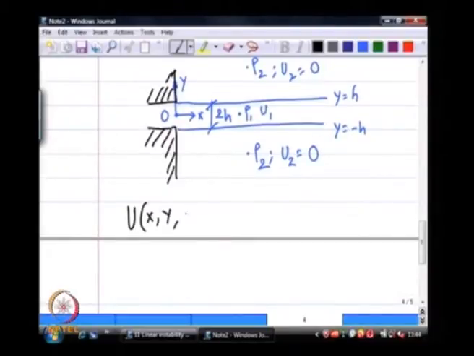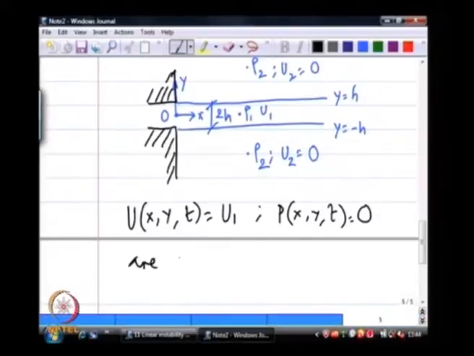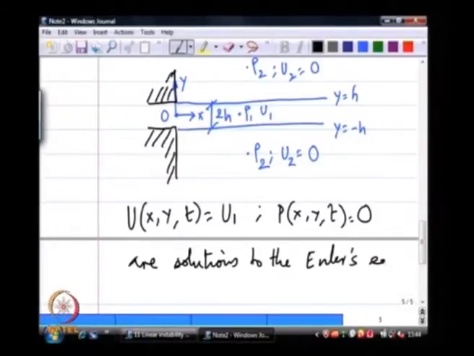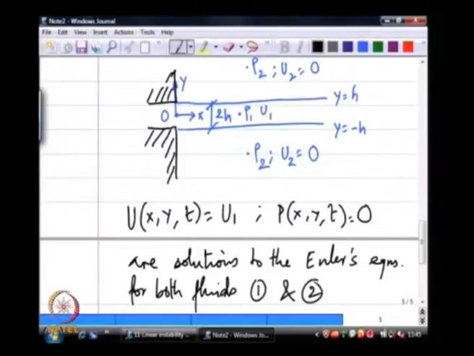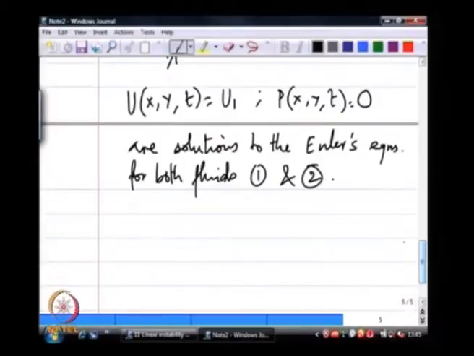U of x comma y comma t equal to u 1, p of x comma y comma t equal to 0 are solutions to the Euler's equations for both fluids 1 and 2.